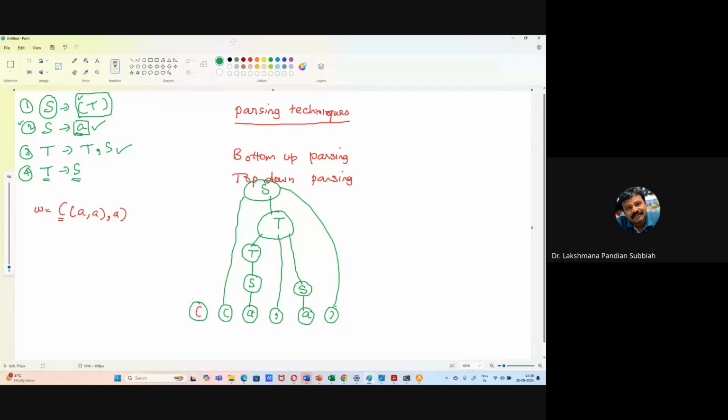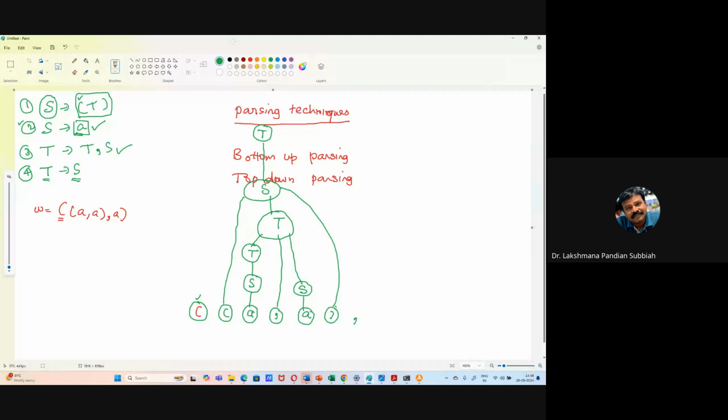Right? Here we are having an open bracket, followed by S. So this S can be reduced by the fourth production rule as T. Then we are having a comma, right?